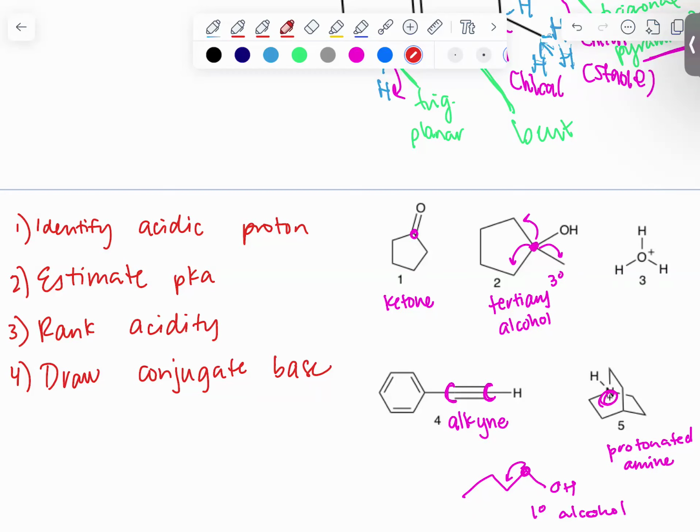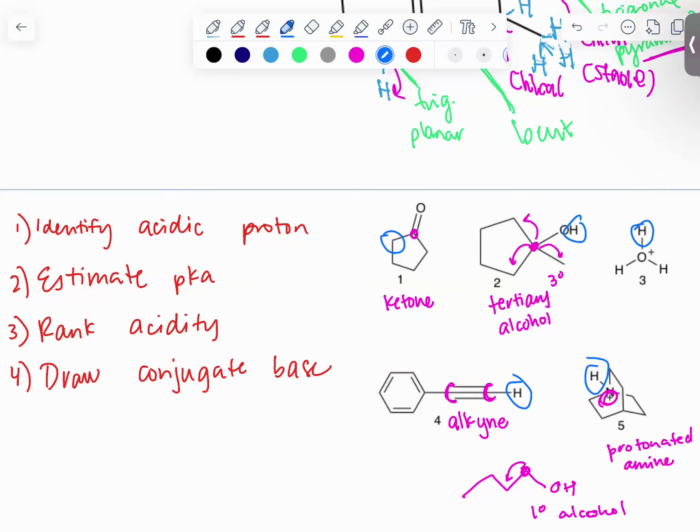Does anyone feel brave enough to come identify the acidic proton of the ketone? You just pick one to do now. Don't circle the carbon.